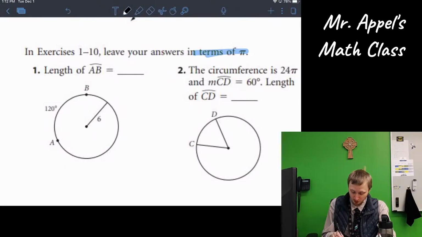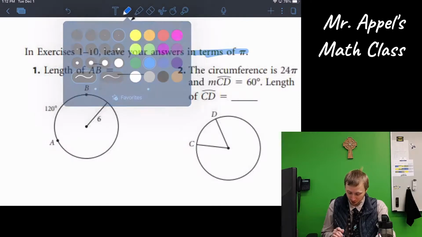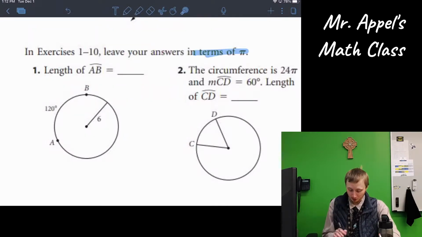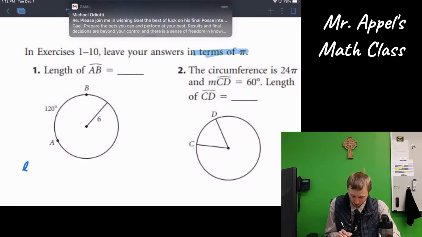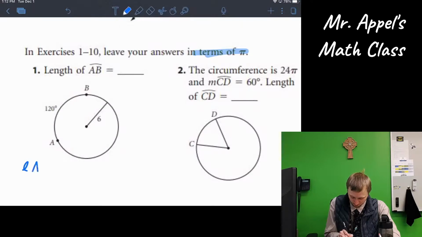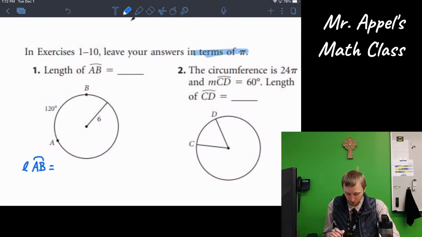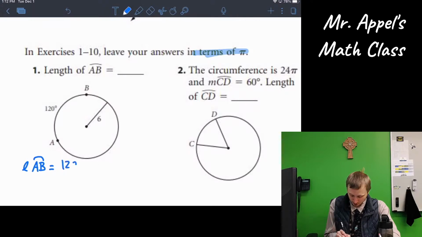So for example, if you were to set up the first one here, we want the length of arc AB. That would be this arc right here. So the length of arc AB would be equal to its measure. We can see they give us its arc measure right there, 120 degrees out of 360. Multiply that by the circumference, 2 pi r.